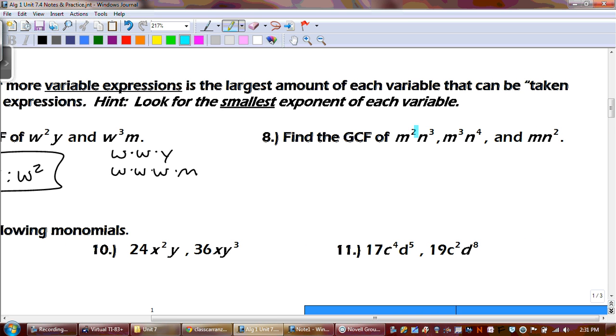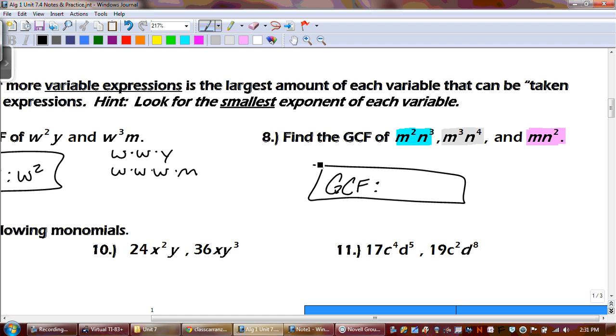So the next one, we have 3 terms. So let's try to find the GCF. Now, looking at those 3 terms, let's look at the m first. What is the smallest exponent for the m's?